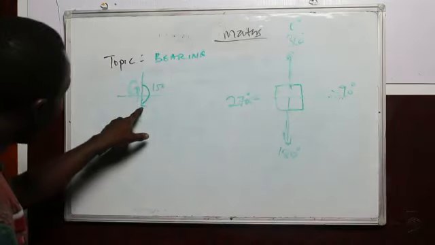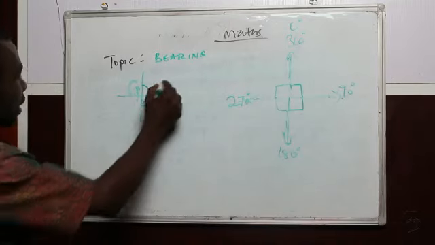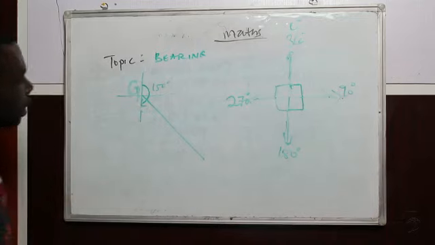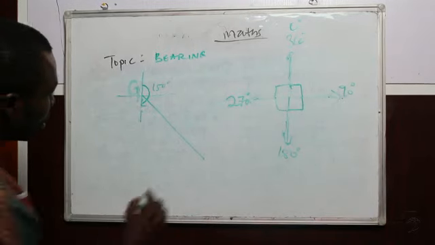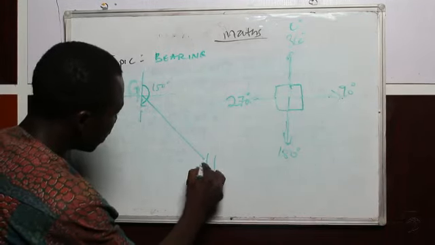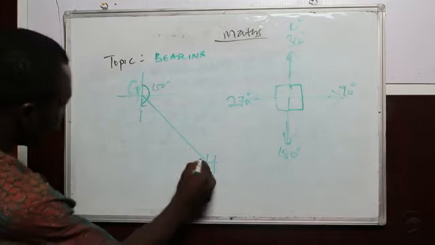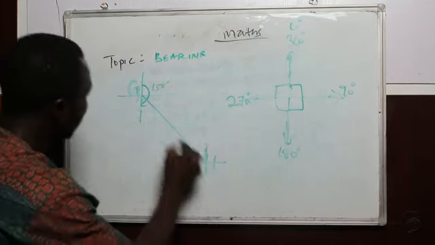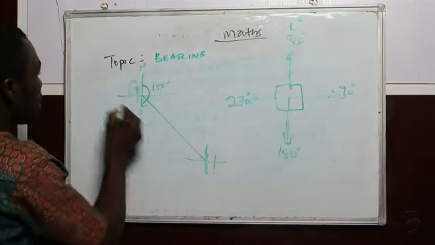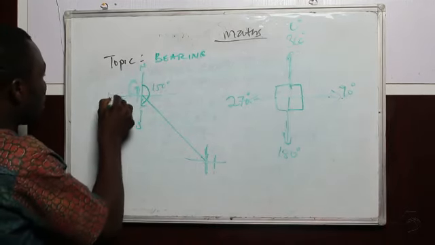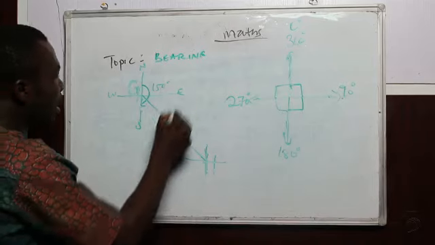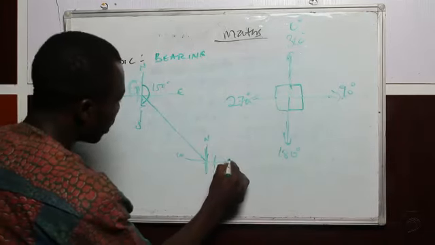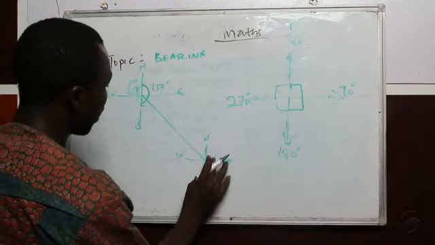Now, 150 degrees to city H. So this is our city H. In reference to north and south, this is our north, this is our south, this is our west, this is our east.